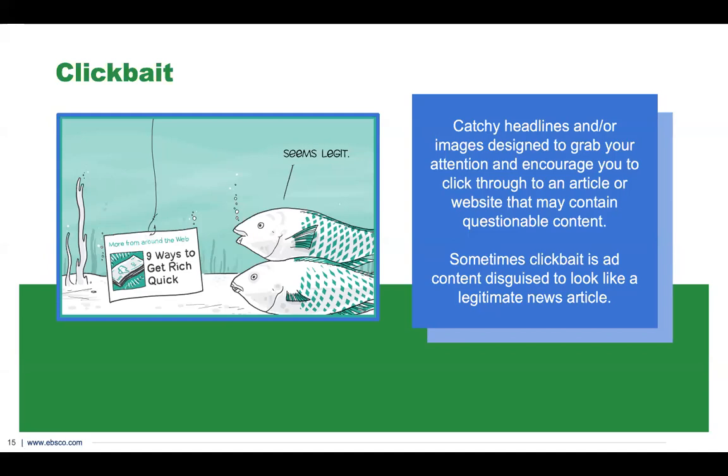Sometimes it has to do with beauty tips or celebrities or ways to get rich quick, or how to slim down in 2 weeks, how to lose 10 pounds in a day, where that normally doesn't happen. That's not normally a thing you read about. So it's probably going to be clickbait. So just be aware of catchy headlines and completely unbelievable photos.